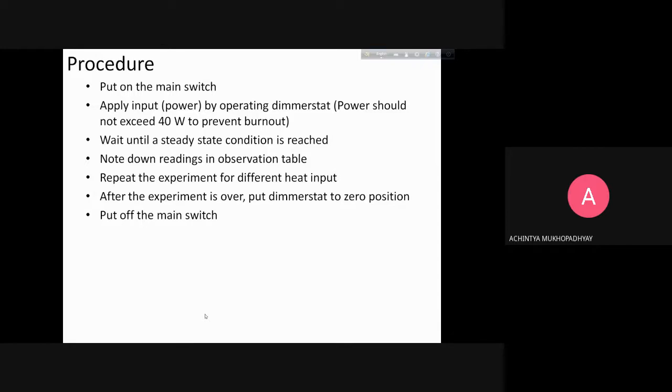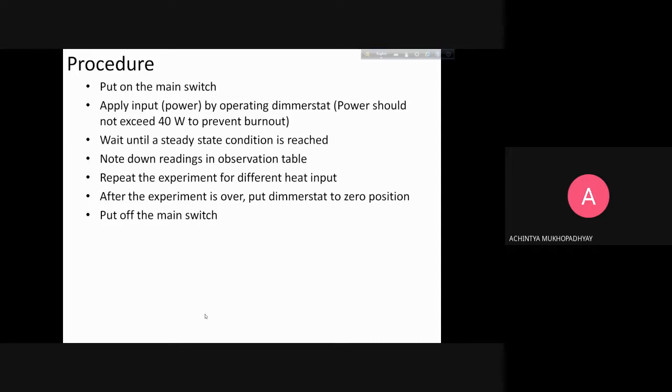And the attainment of steady state is important, so that you can say that whatever power is supplied through the electrical heater will be transferred to the ambient by heat transfer. Otherwise, till the steady state is reached, there will be a gradual increase of temperature of the setup, which means some amount of energy will be stored in the setup.